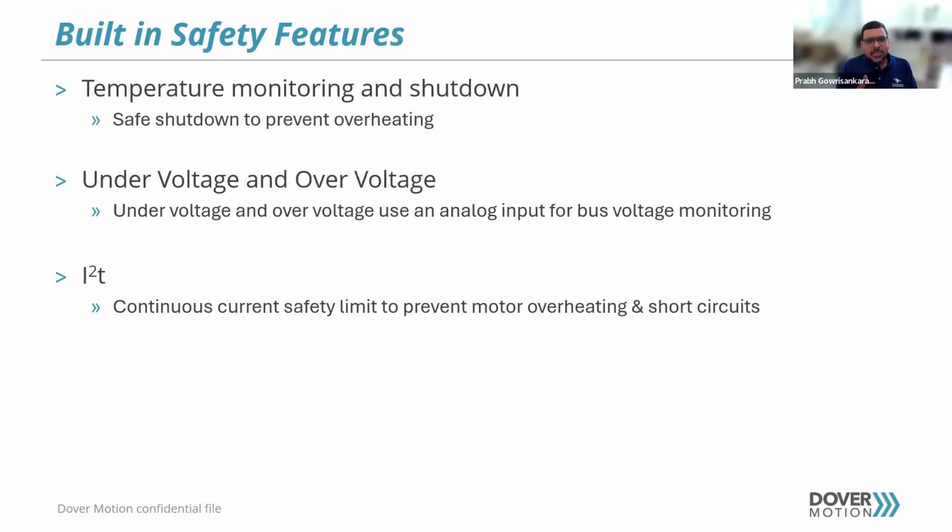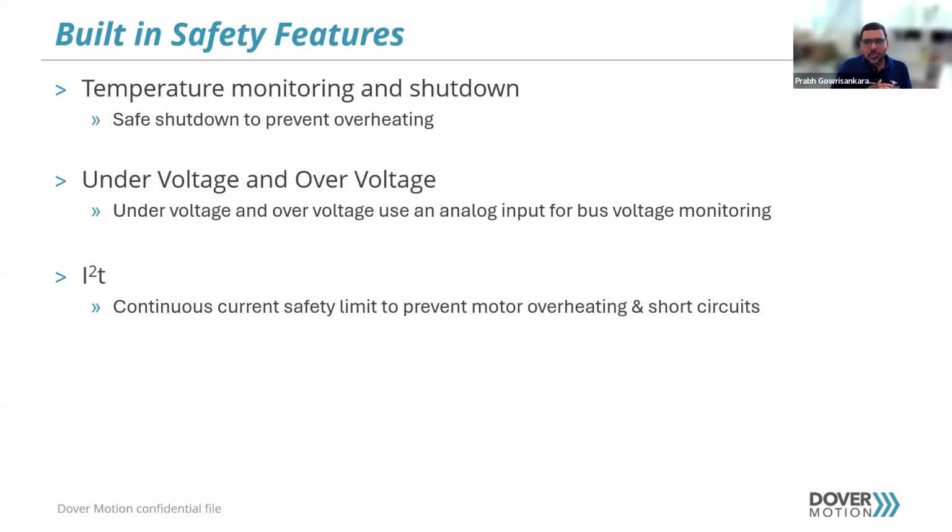Yeah, and then we obviously have built into the chip some of the essentials, right? Like the temperature monitoring. We have support for external thermistors, so you can put them in different spots based on your characterization. That helps you for safe shutdown and to prevent overheating, especially with the level of integration they have and with everything sealed.